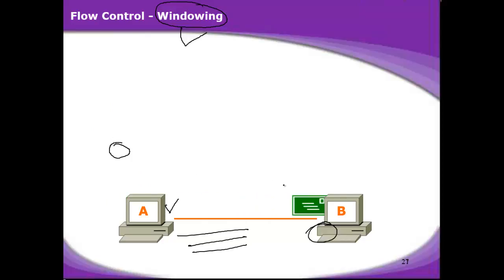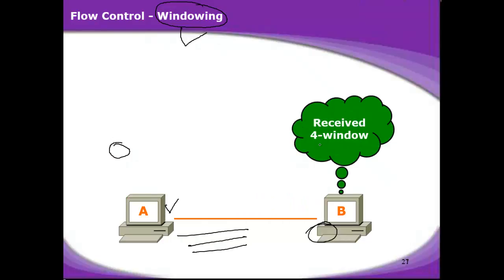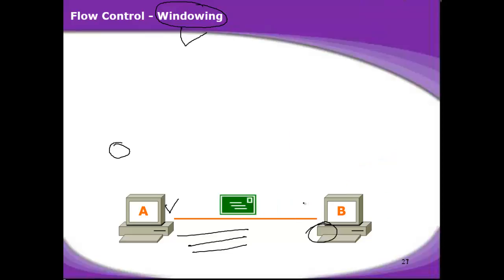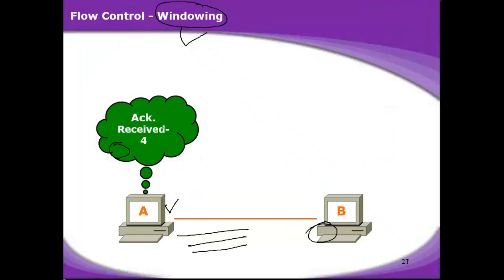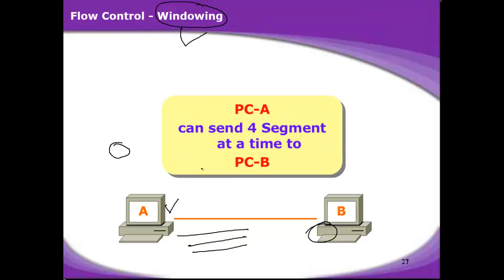So 5 are sent to the destination but 4 are received. That means the receiver's capacity is to receive or process just 4 segments at a time. That means both have negotiated that we can send and receive 4 segments in one window. So this is how they control the flow of traffic.